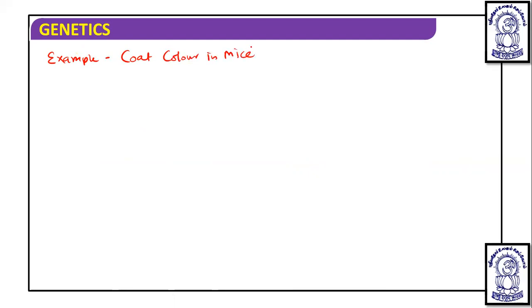When we see coat color in mice, we'll see that coat color can be agouti, black, or albino.